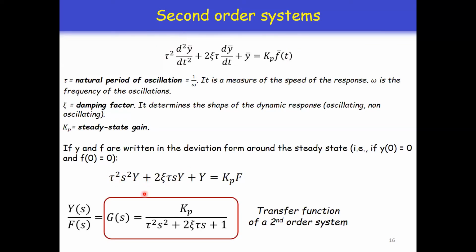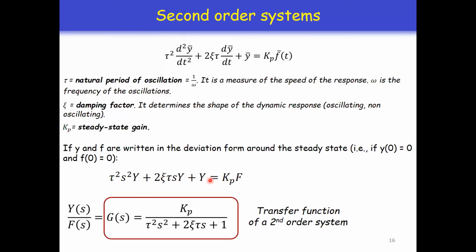And so the transform is the one that I'm highlighting now: tau square s square Y plus 2 xi tau s Y plus Y equal to Kp F, where this time Y and F are the Laplace transformed.